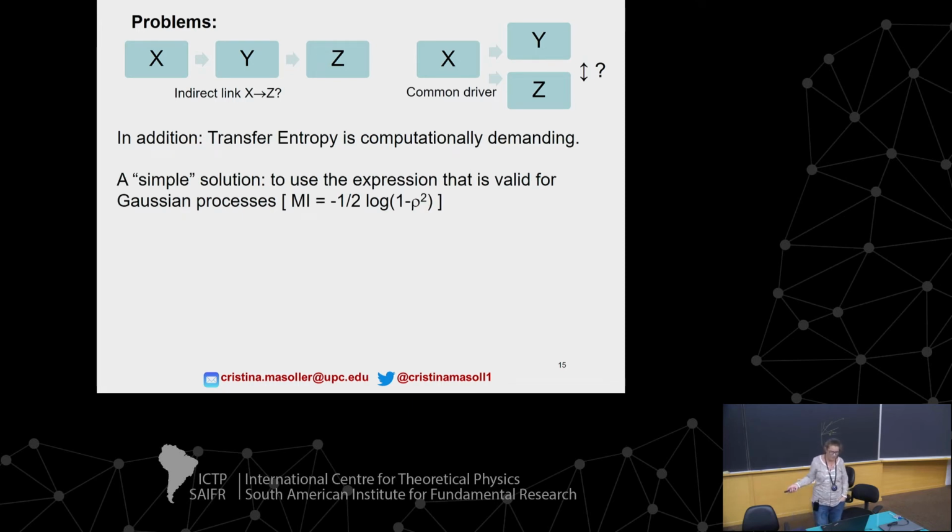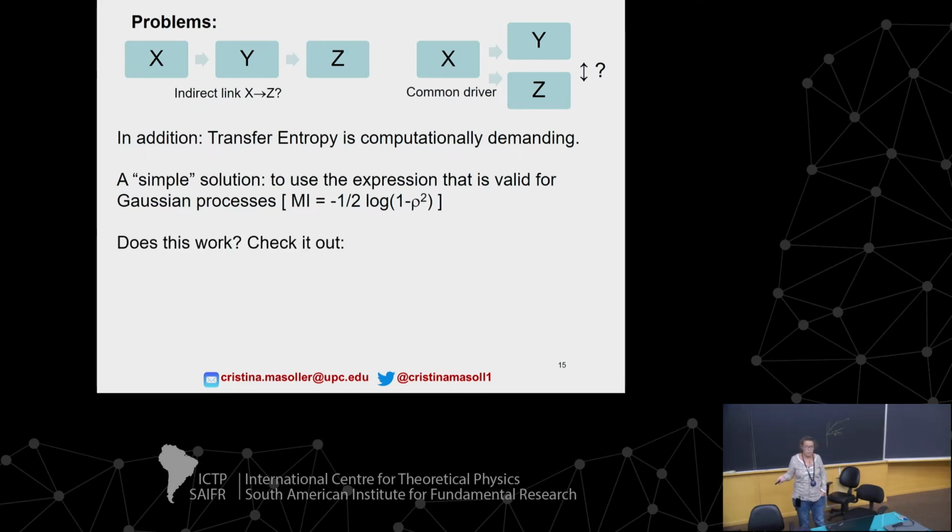And a simple expression is to say, OK, we know that the mutual information for Gaussian processes has this expression, and we can translate this to the transfer entropy because it is using conditional probabilities, but it's possible to go from this expression to an expression for the transfer entropy that is still valid only if the process is Gaussian.